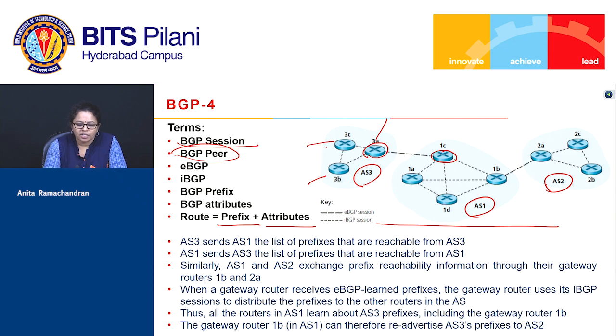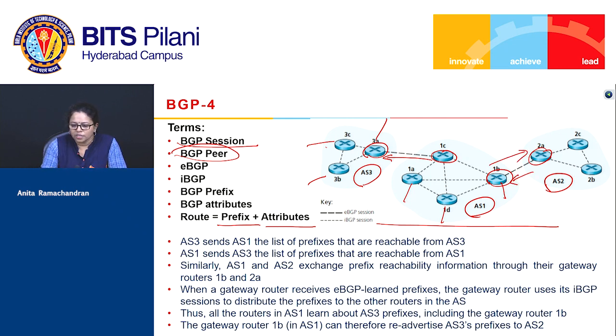And AS1 sends AS3 the list of prefixes that are reachable from AS1. So any networks that are reachable from AS1 are exchanged from 1C to 3A. Similarly, AS1 sends the prefix reachability information through the gateway router, which is 1B, to 2A, which is a gateway router for AS2, and similarly the other way also.